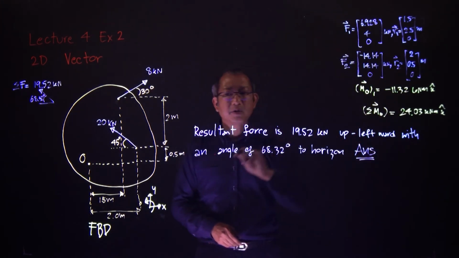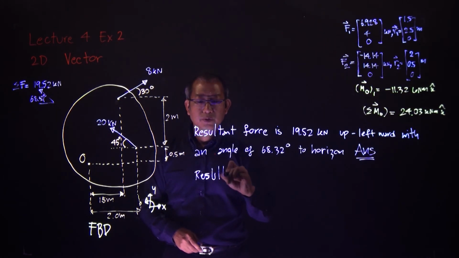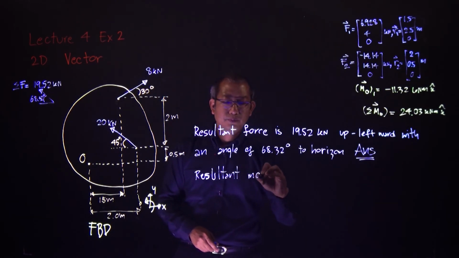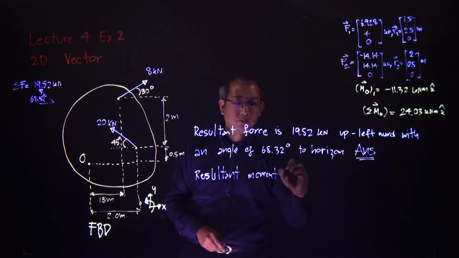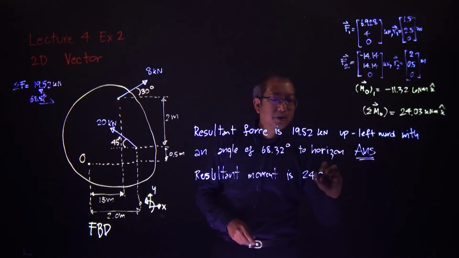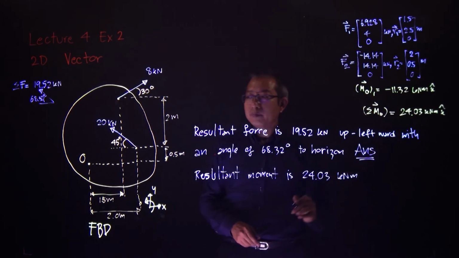Our second answer is the resultant moment. Resultant moment is 24.03 kilonewton meter.